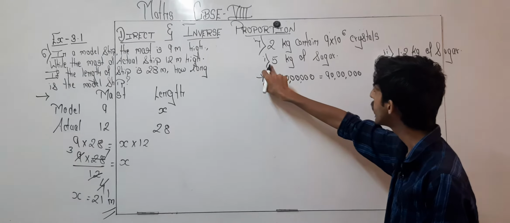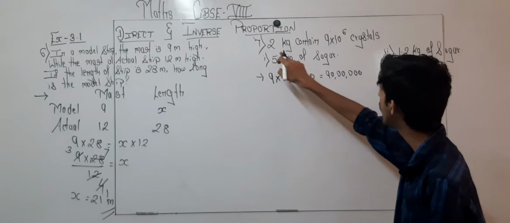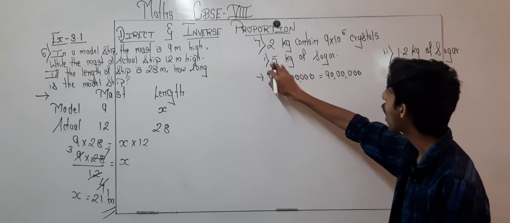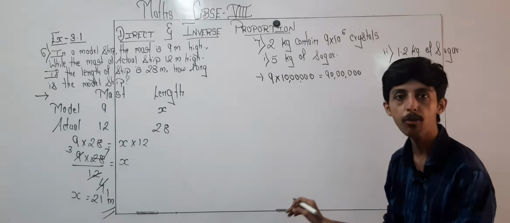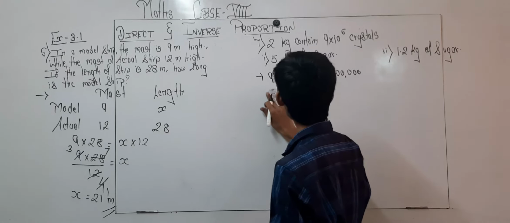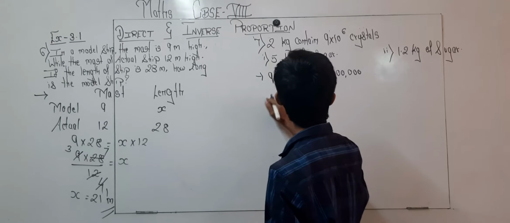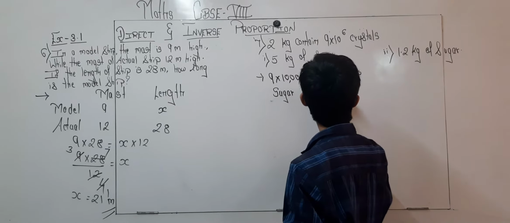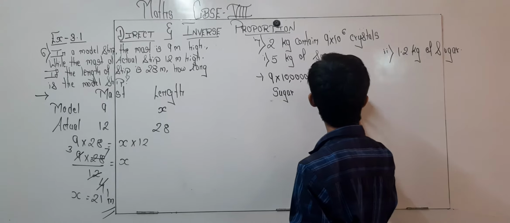Now moving on to our question number 1. 5 kg of the sugar. If 2 kg contains 90 lakh crystals, how many will be there in 5 kg of the sugar? So over here for 2 kg I am writing sugar, and over here crystals.